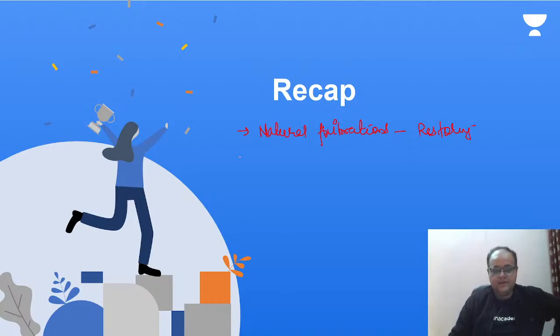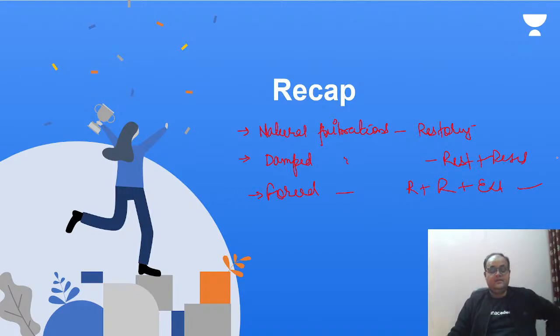Then we studied damped vibrations, which have restoring plus resistive force, and ultimately the session concluded with forced vibrations, which had restoring plus resistive plus external force. And we have discussed a number of examples as well.